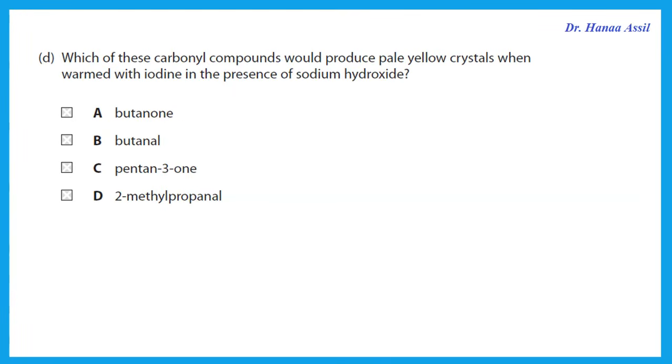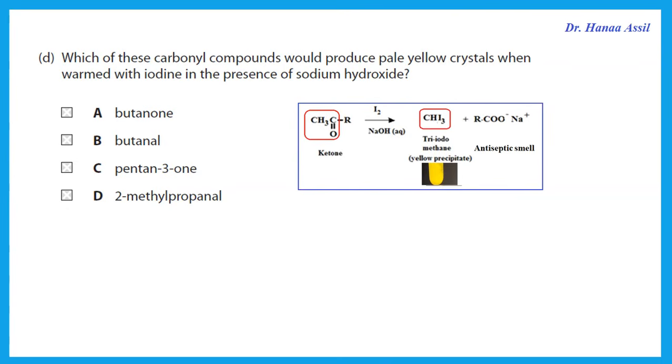In the compound, you can name it as something nitrile, counting the carbons including the carbon of the CN. Which of these carbonyl compounds would produce pale yellow crystals when warmed with iodine in the presence of sodium hydroxide? Remember that iodine in the presence of aqueous sodium hydroxide is the iodoform test, which forms a yellow precipitate if we start with something that has a carbonyl next to a methyl group.